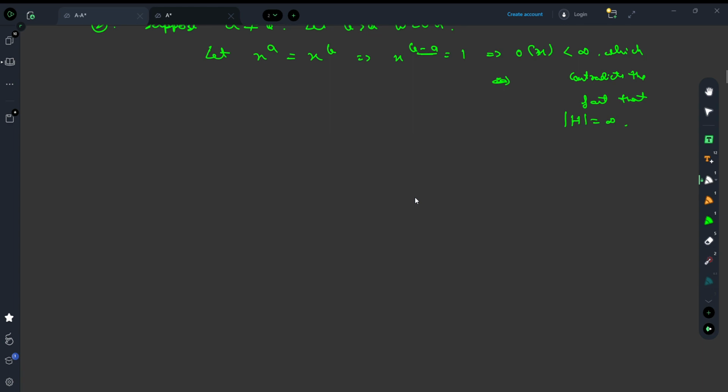But our goal is to state whether, if x is a generator, any power of x which is not minus 1 is also a generator. That is, if H is this, whether there exists some integer a such that x to the power a is also a generator.